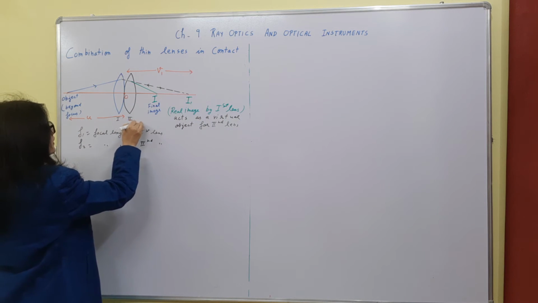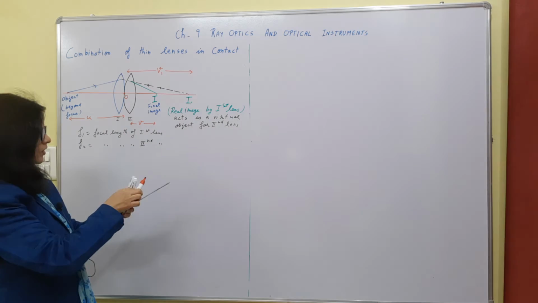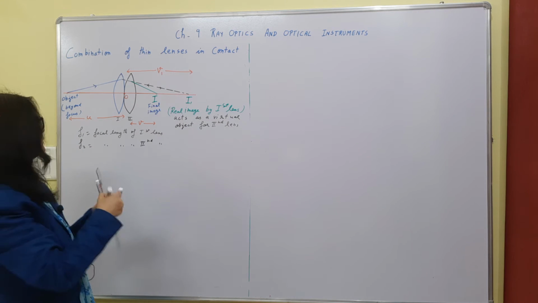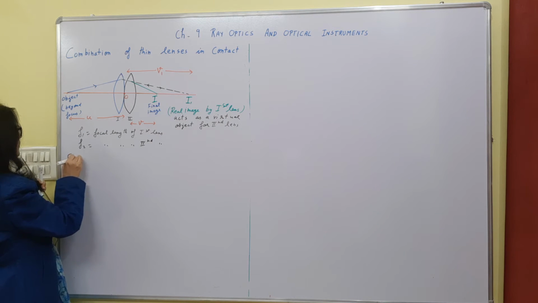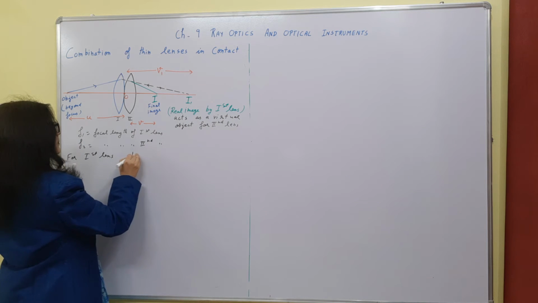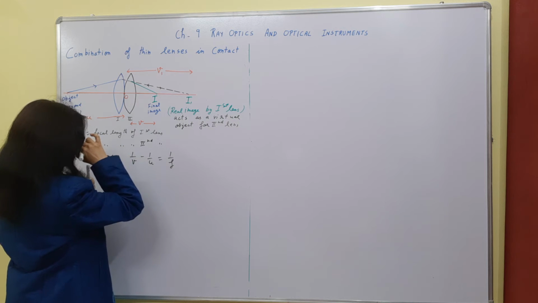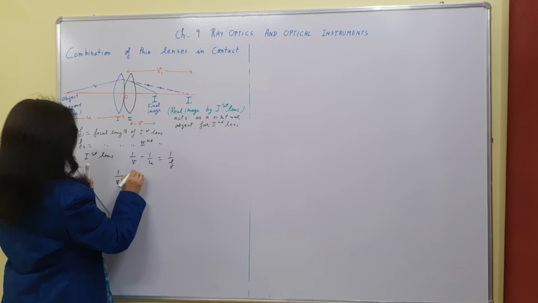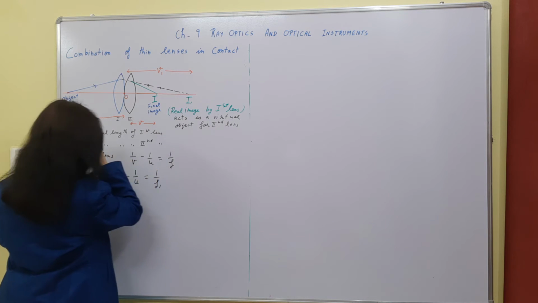And this one is the final image distance v. Applying the lens formula for the first lens, 1 by v minus 1 by u is equal to 1 by f. So I can write 1 by v1 minus 1 by u is equal to 1 by f1.